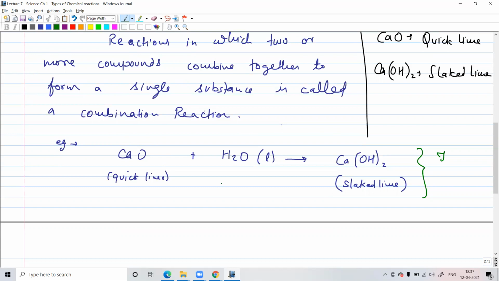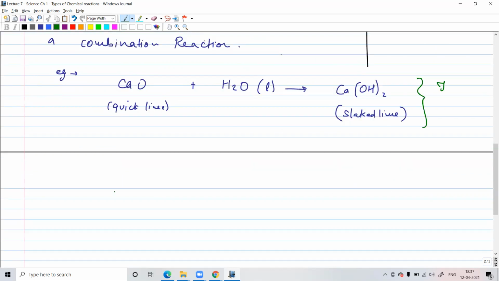Yes, we had taken this example in the previous class. So before I write that example, let me write this quick note over here, because this is also an example of exothermic. Some amount of heat is released over here. Okay, so if you want, you can write it as plus heat also, making this an example of exothermic reaction.